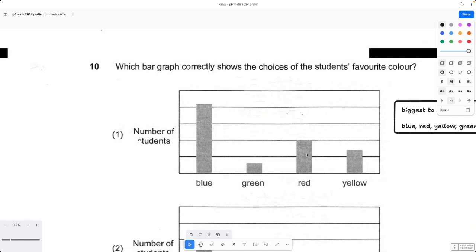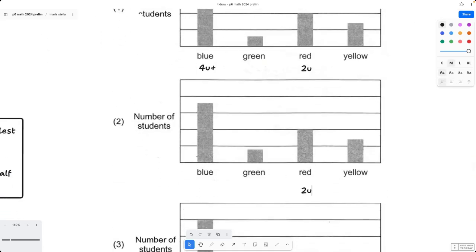So red is 2, blue is 4, right? So red is like 2 units, blue is like 4 units plus, right? So this is okay. Red is 2 units, blue is 3 units plus. So this one is wrong as well.